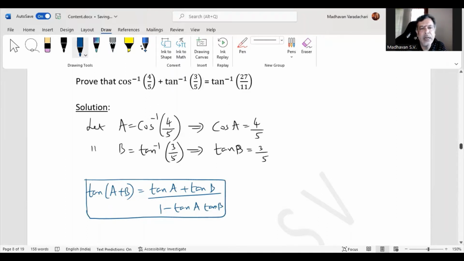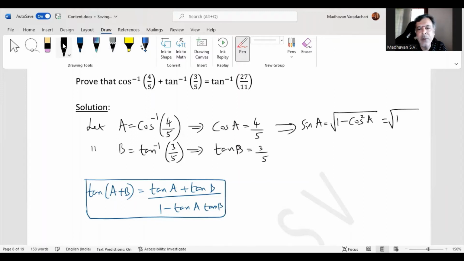So how do I do that? First, I need to find out what is sine A. From this, I can say sine of A is square root of 1 minus cos square A, which is square root of 1 minus 4 square, which is 16, over 5 square, which is 25, and that will be square root of 9 by 25, which will give you 3 by 5. So sine A is 3 by 5.